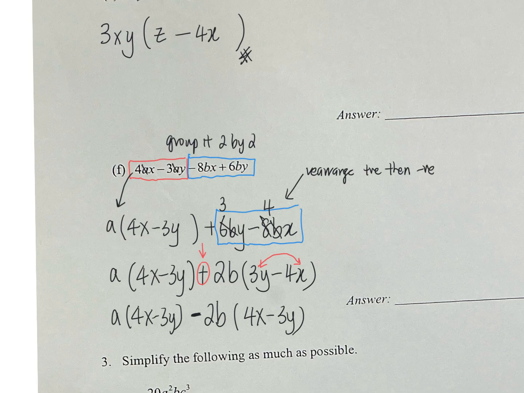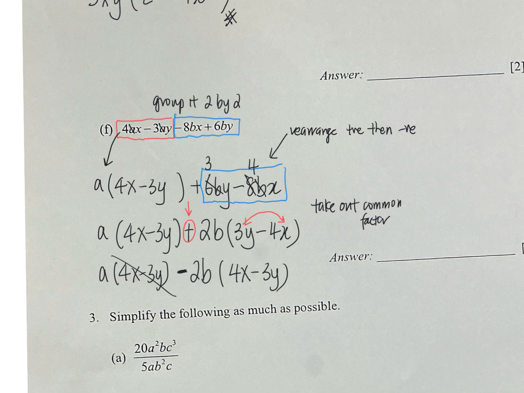Then you take out common factor. So when there is the same sign but opposite direction, swap it and reverse. So now final answer, I take this out. I'm left with A minus 2B in the other bracket. So that's the answer for this one.